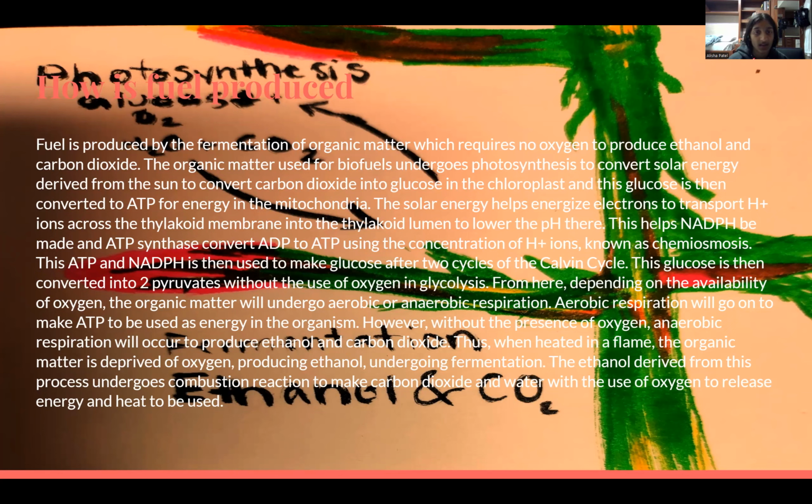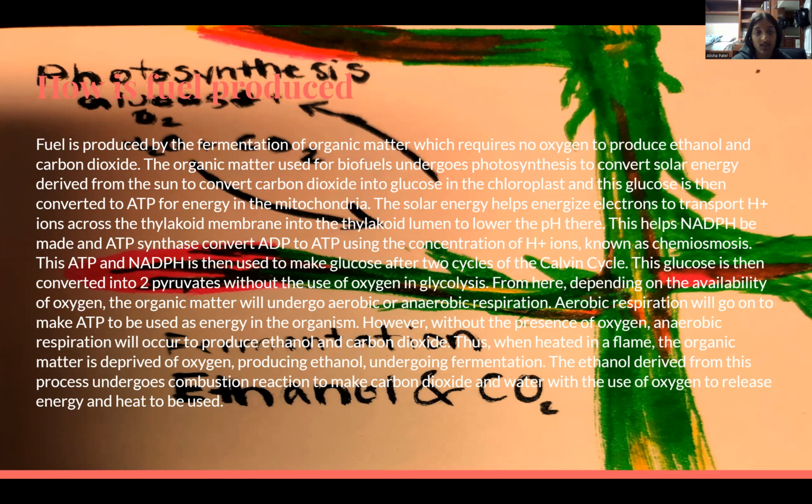NADPH and ATP are then used in the Calvin cycle, in 2 cycles, to make 1 glucose. This glucose is then transferred into cellular respiration if oxygen is present.